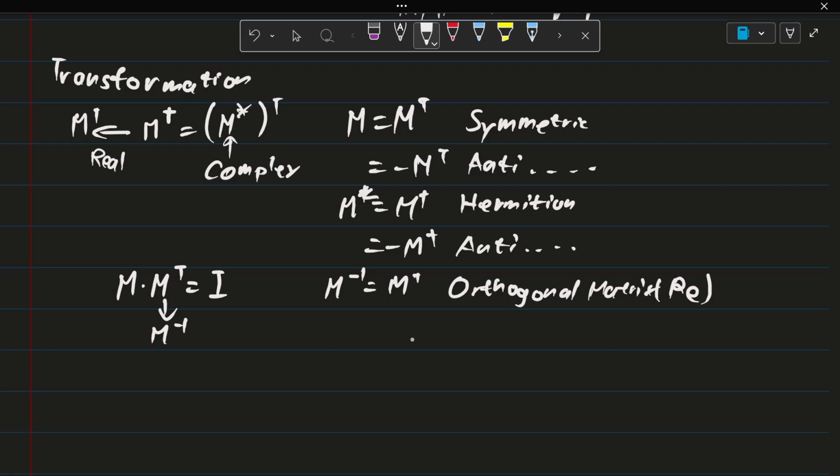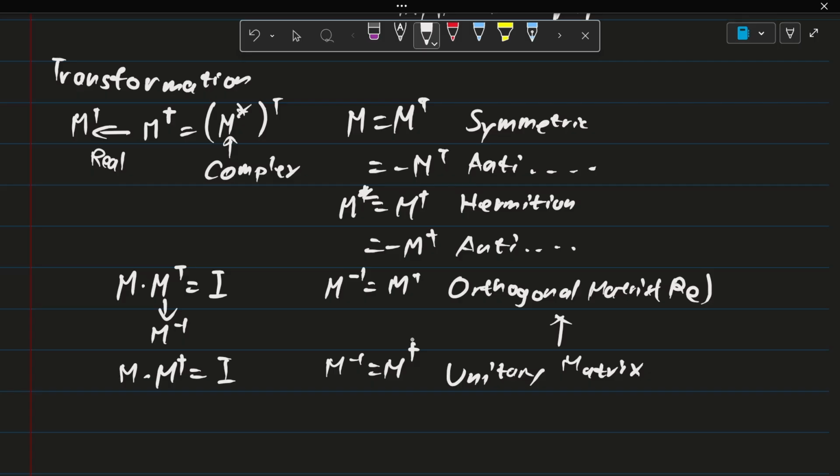But if we think of M times M dagger equals the identity, we call this the unitary matrix. So it turns out that if your matrix is real, a unitary matrix is an orthogonal matrix.